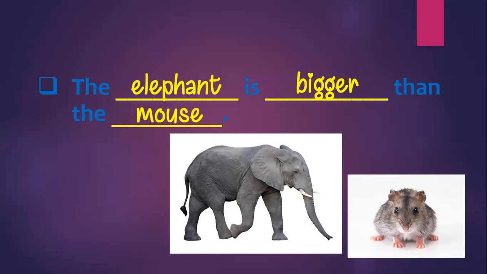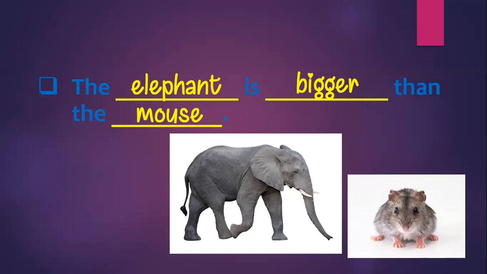The elephant is bigger than the mouse. So in this case, we must identify what is the correct adjective to use in the sentences in order to describe the animal here. So here we know that the elephant is big.